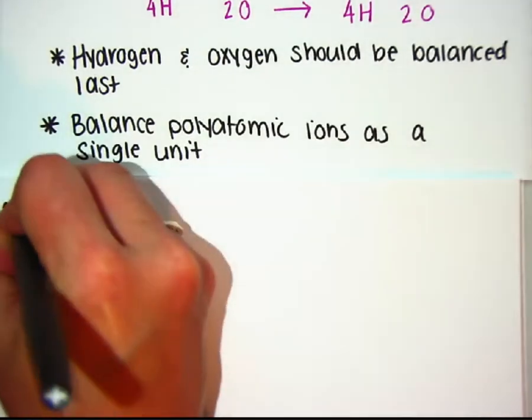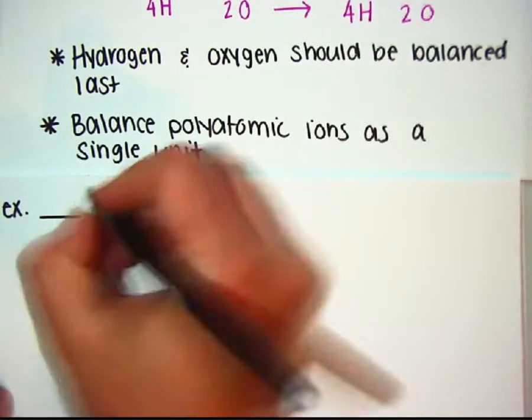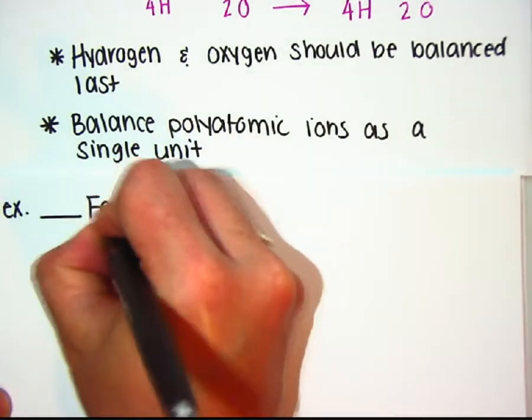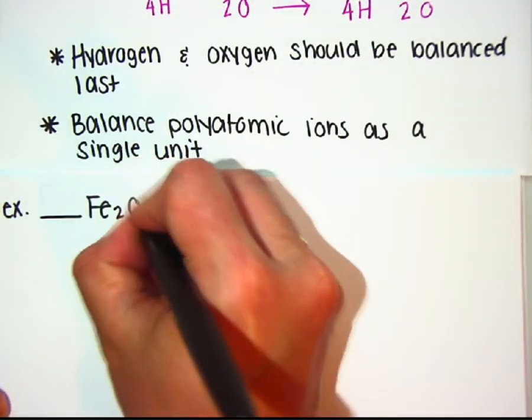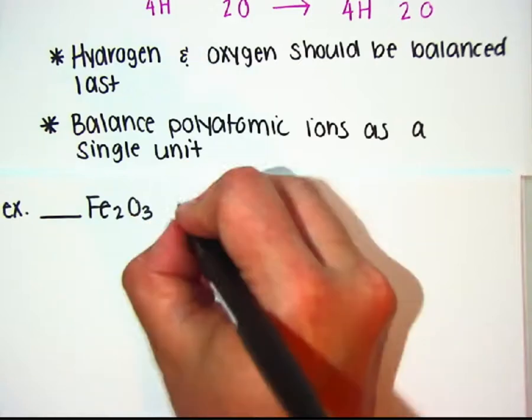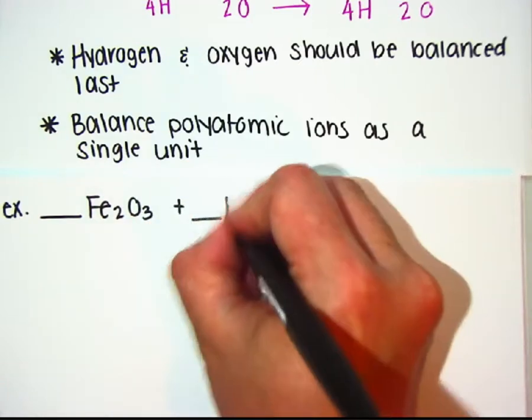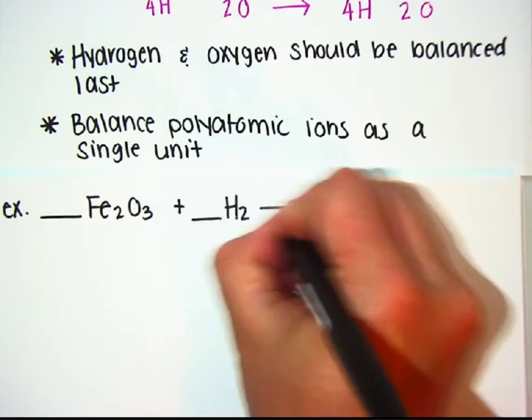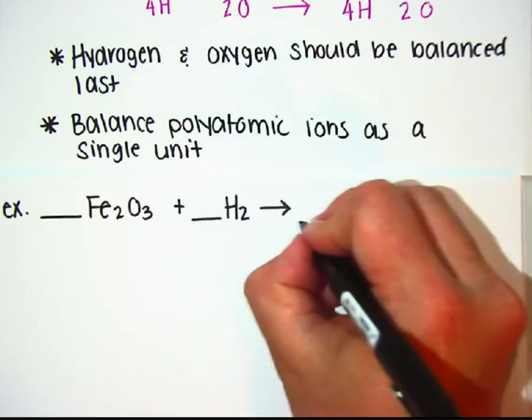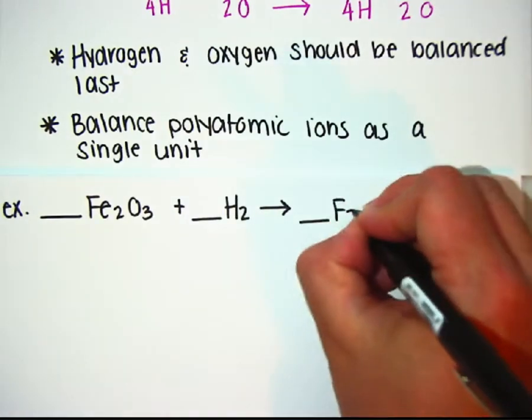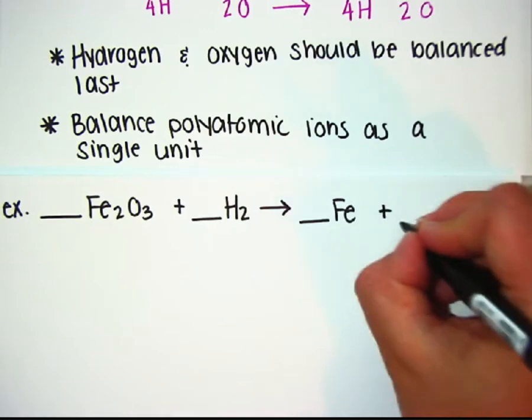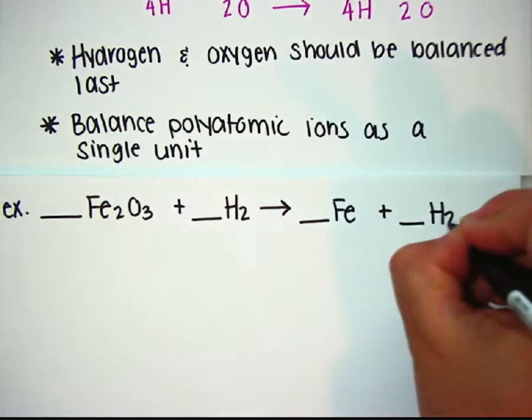First example. Fe2O3 plus H2 yields Fe plus H2O.